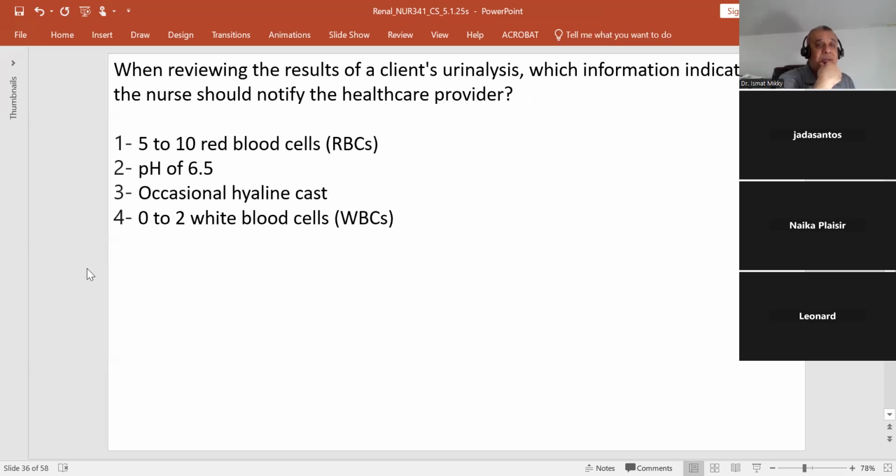So when reviewing the result of the client's urinalysis, which information indicates that the nurse should notify the healthcare provider? Like an abnormal lab result or finding should be reported.